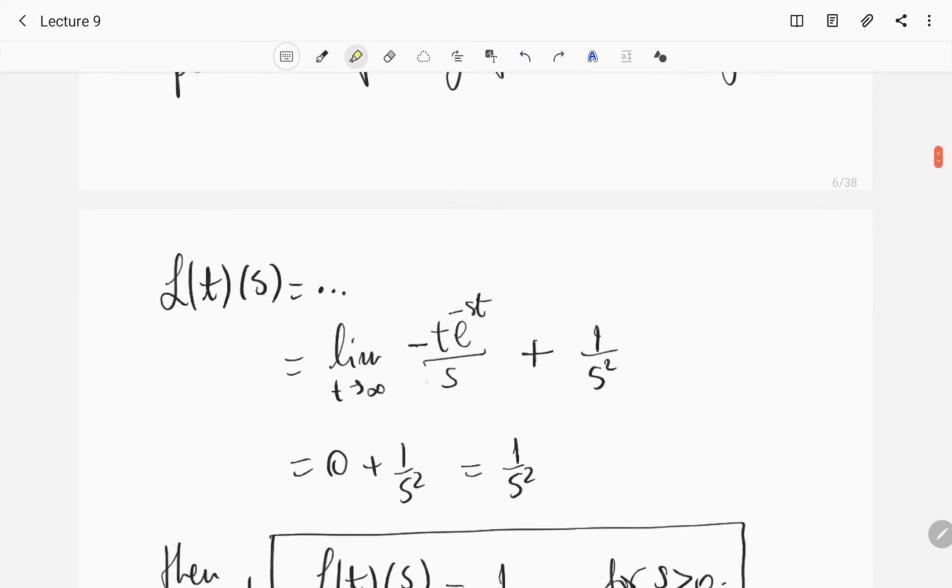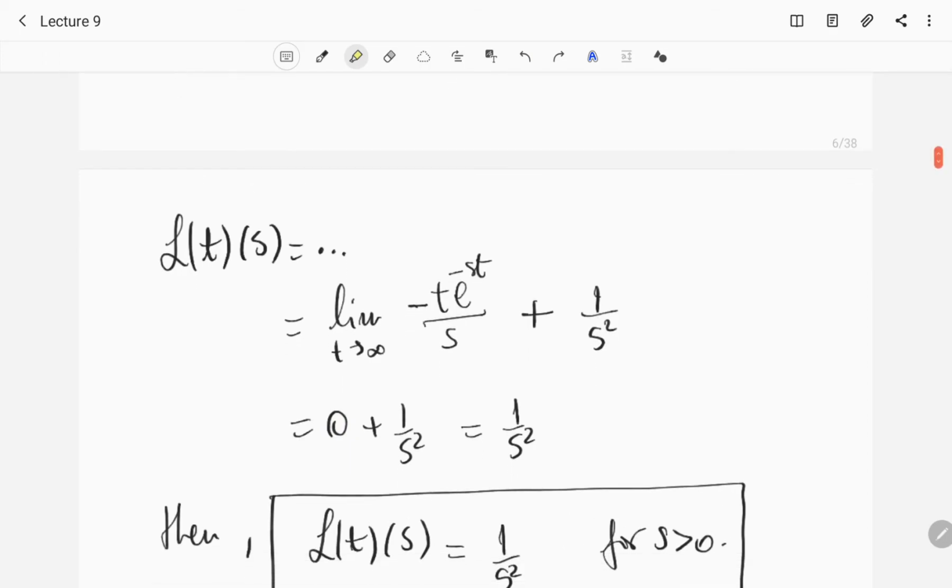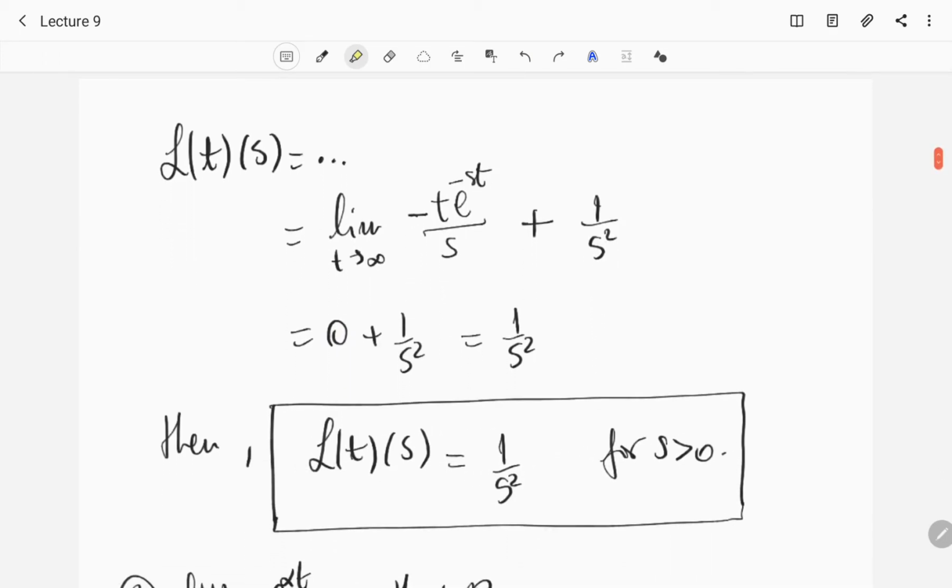So we just compute the limit, which was equal to 0, so we get this 1 over s squared. And finally we get this formula: the Laplace transform of the function t at s is exactly 1 over s squared for s positive.